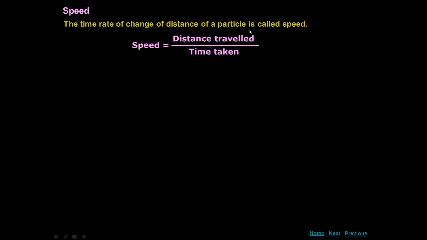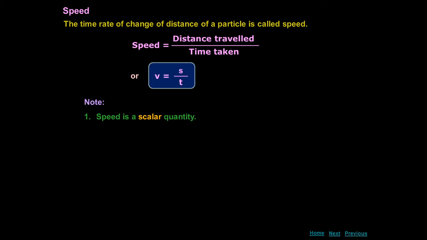Now what is speed? The time rate of change of distance of a particle is called speed. Here see, the time rate of change of distance is known as speed. So speed is equal to distance travelled divided by time taken, or we can say v equals s by t.